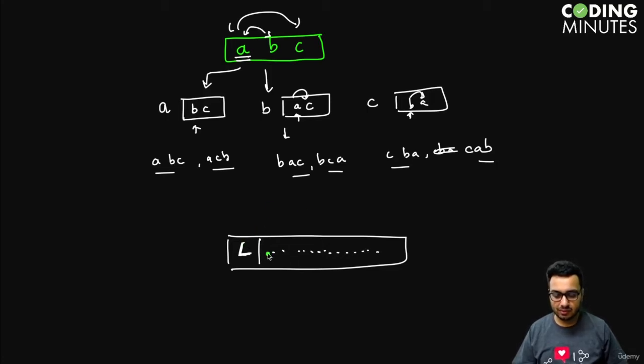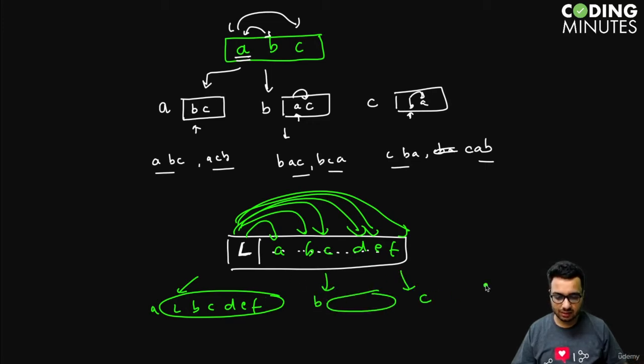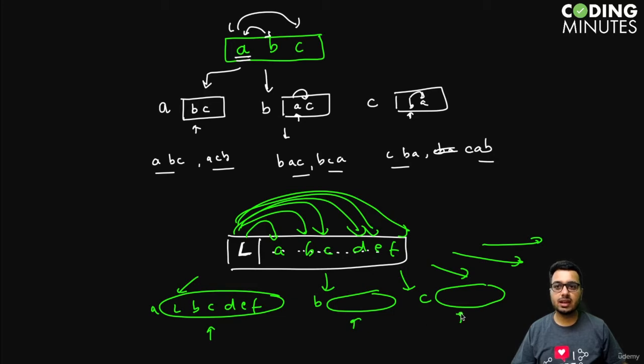Okay, so maybe if I have a b c d e f here, you swap l with a, l with b, l with c, l with d, l with e, l with f, and you get something like this: a followed by l, b, c, d, e, f. You make a permutation call here. Similarly, you get a b here, you permute this, you get a c here, you permute this, and so on. Okay, and this will again follow the same recursive structure that we are going to see.